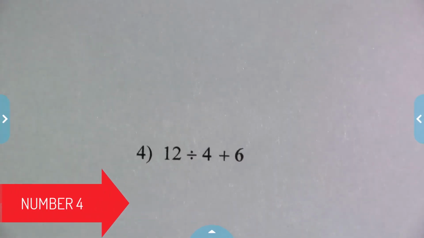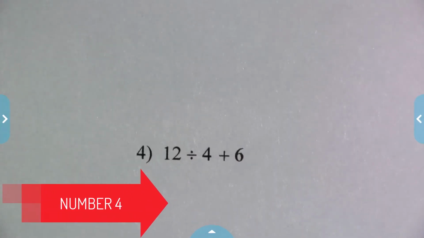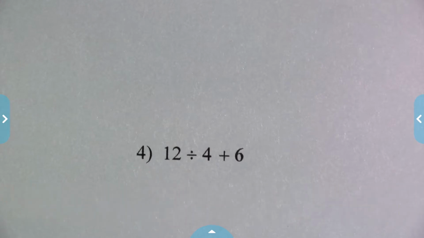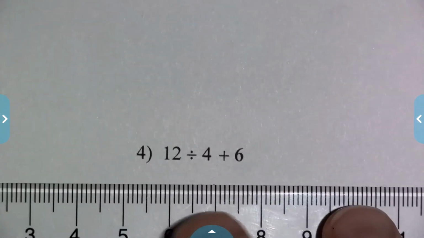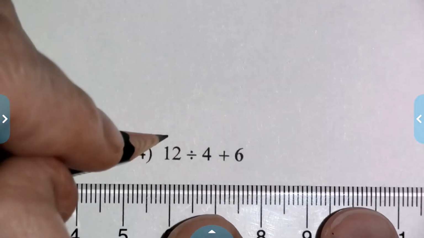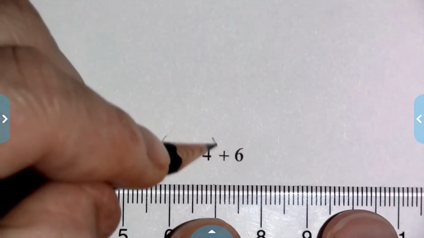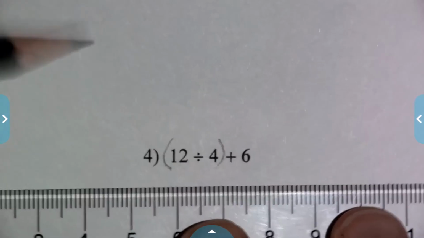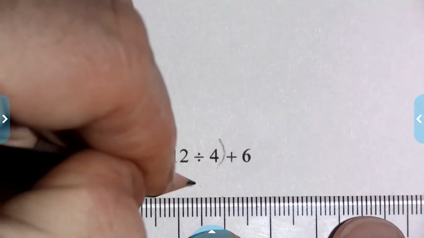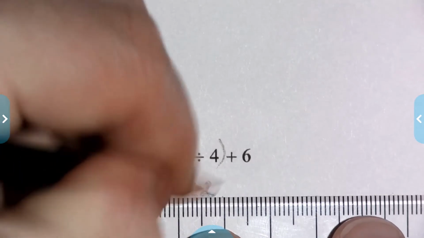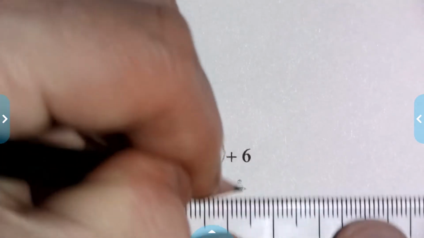Okay, here we have 12 divided by 4 plus 6. So we're just going to note that we perform the division first. And so I'm going to say 12 divided by 4.